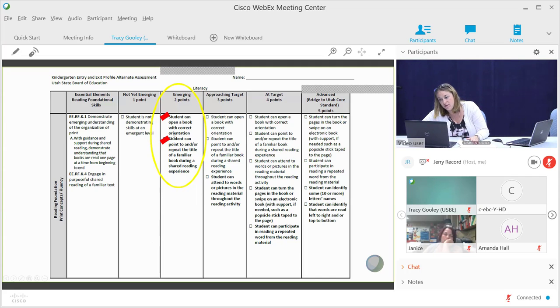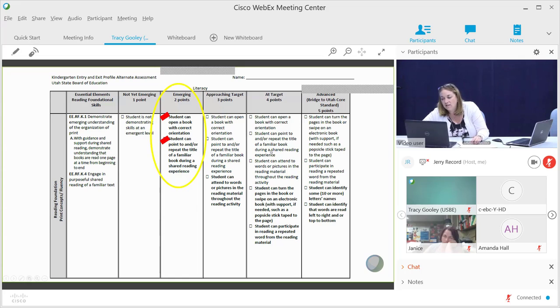Another thing here is, if you notice, your skill sets from, say, emerging, moving through approaching target, they stay the same, and then each added skill set that makes up that performance level is bolded. So that is one thing that's different from the DIBELS alternate rubrics that we decided would be beneficial here.